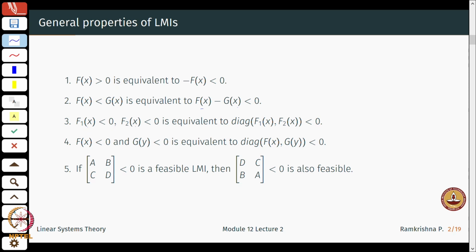If f1(x) is less than 0 and f2(x) is less than 0, this is equivalent to saying that the diagonal of f1(x), f2(x) is less than 0. Similarly, if I have LMIs in two different variables, f(x) less than 0 and g(y) less than 0, then I can say that the diagonal of f(x) and g(y) is less than 0. Similarly, if this LMI is feasible, then this LMI is also feasible.